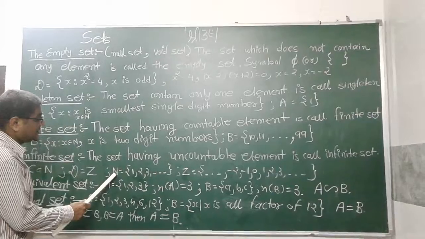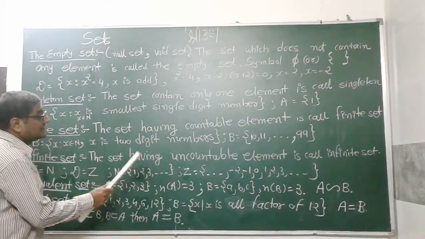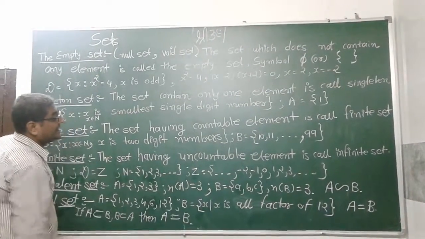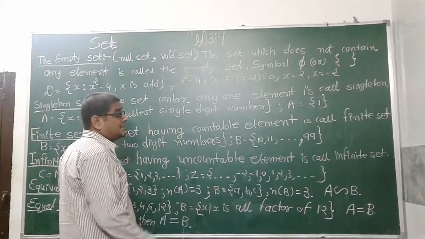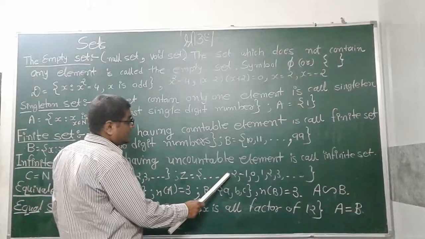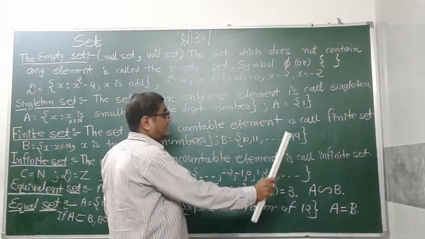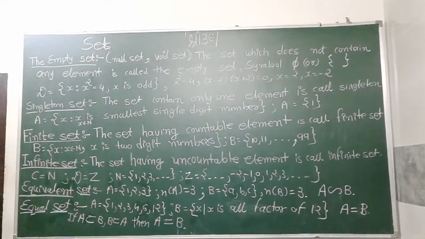The set of natural numbers is denoted by 1, 2, 3 and it goes on. For Z, it begins with no smallest number, then minus 2, minus 1, 0, 1, 2, 3 and infinite. These are examples of infinite sets.